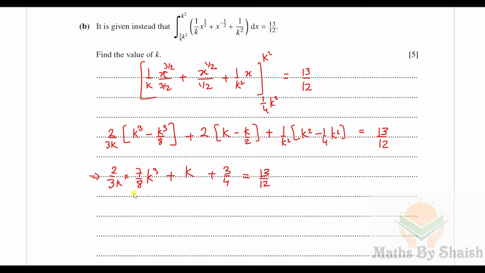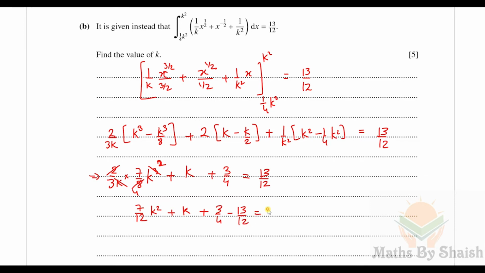Now we will simplify it further. k and k cube become k square, and 2 and 4 give 7 over 12 k square plus k, plus 3 by 4 minus 13 by 12 is equal to 0.